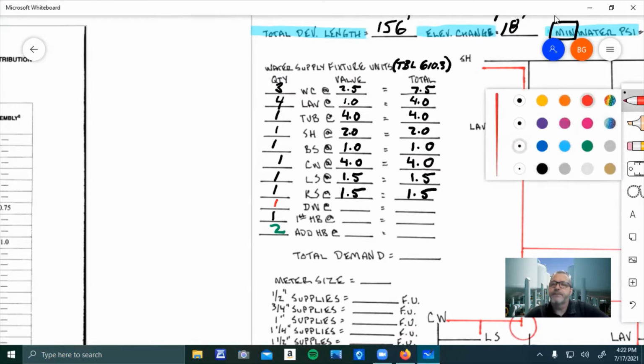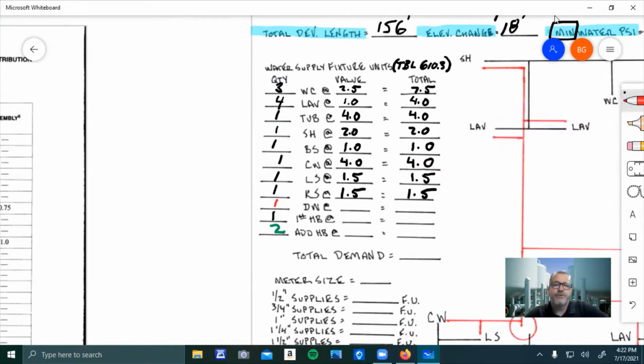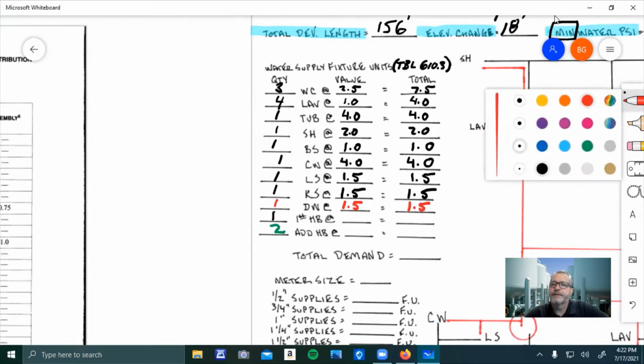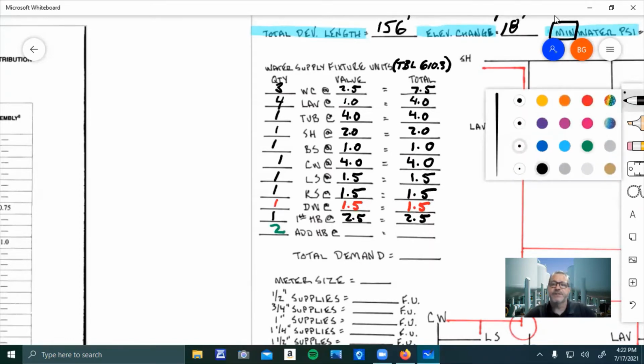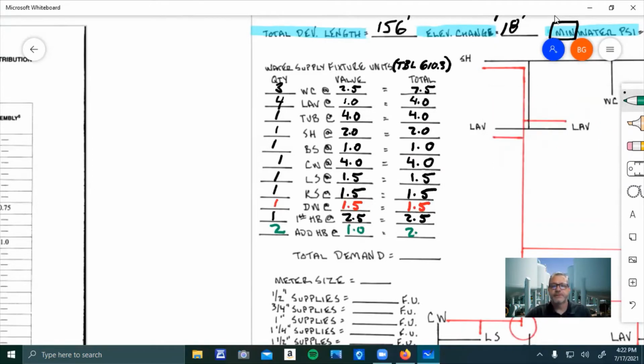The reason why I'm putting it in red is because the dishwasher only is supplied on the hot side. So 1.5 for that. First hose bib, 2.5. 2 hose bibs at the value for each additional hose bib was 1, so that equals 2.